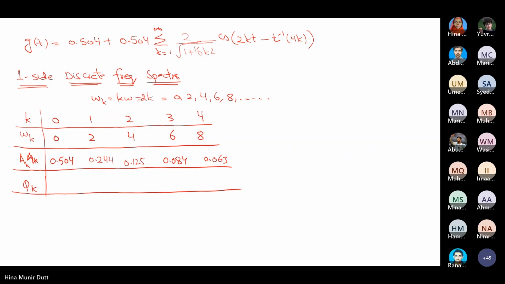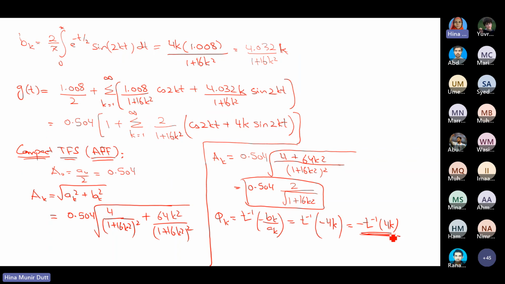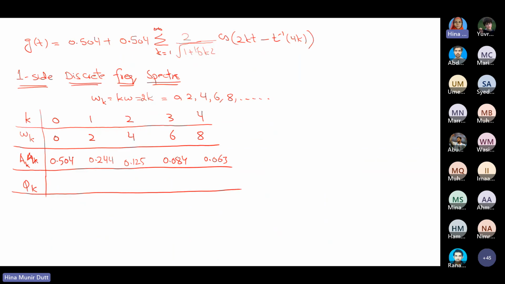This angle, substitute different values of k, 0, 1, 2: tan inverse of 0 is 0, this is minus 75.963, this is minus 85.26, minus 86.42, minus 81.1.